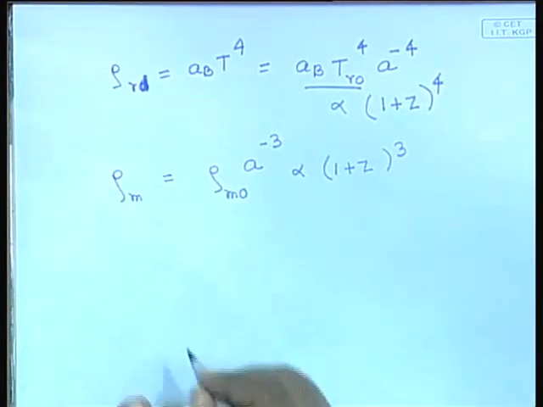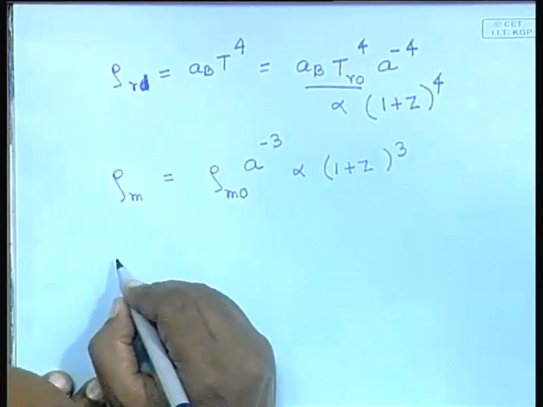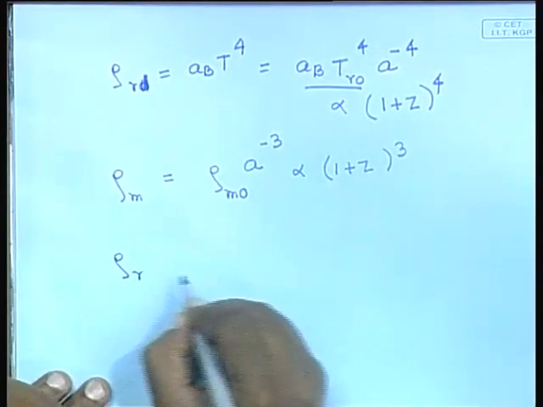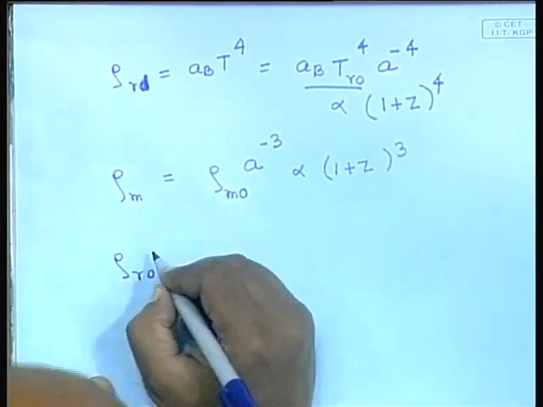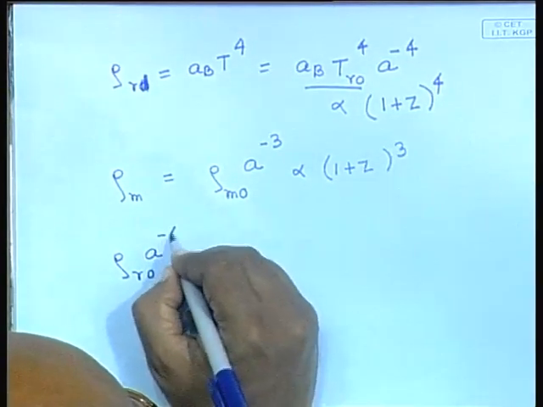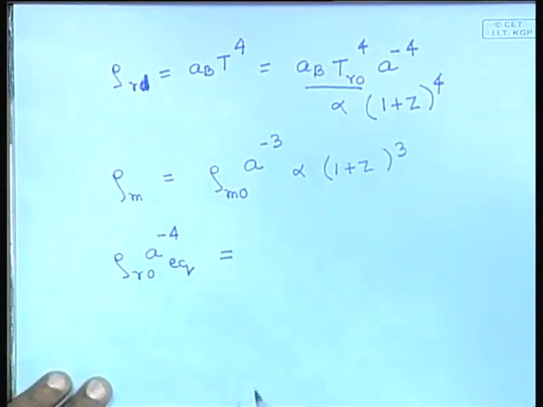So, we can easily find out when these two will become equal. This is called the epoch of matter radiation equality.